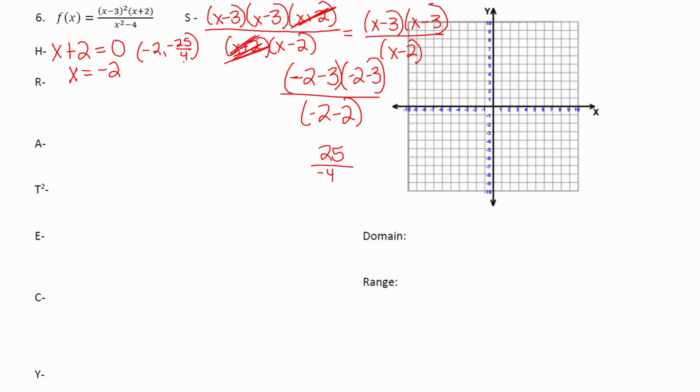Yuck, right? But nevertheless, it is the ordered pair of the hole. So I'm going to go -2, -25 fourths, that is -6 1/4. So I'm going to go down right here, put the dot right there. Okay?